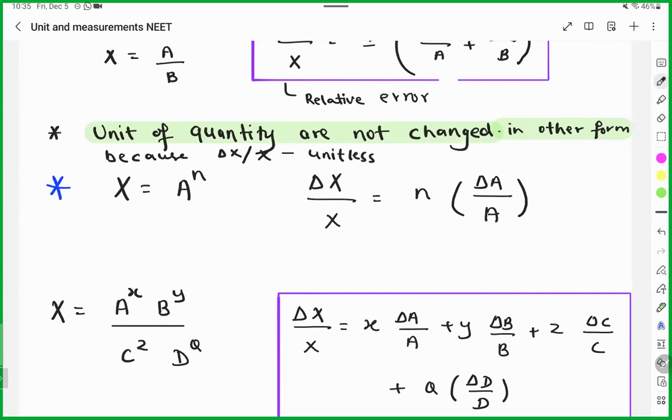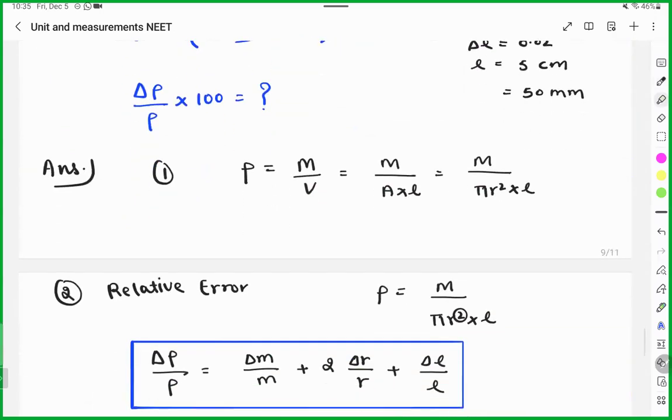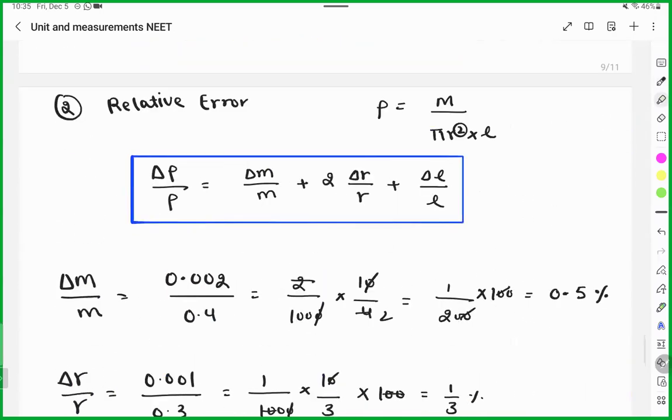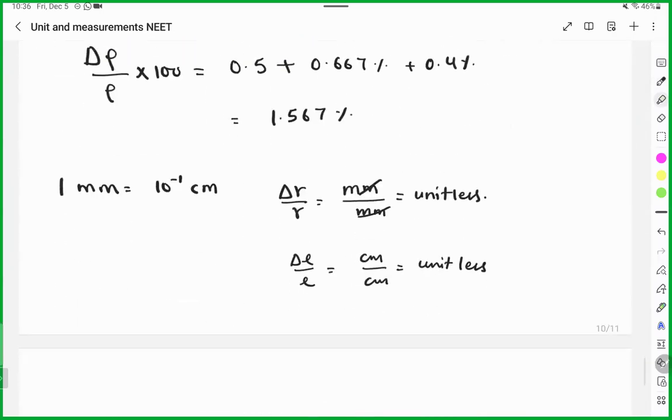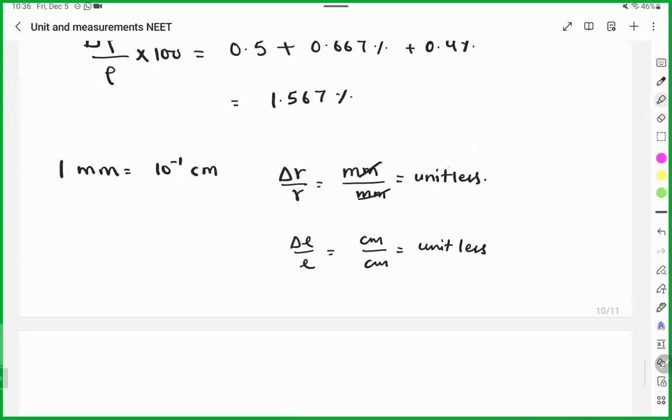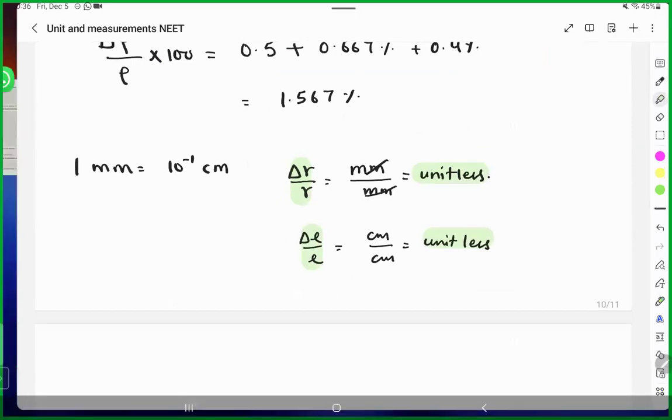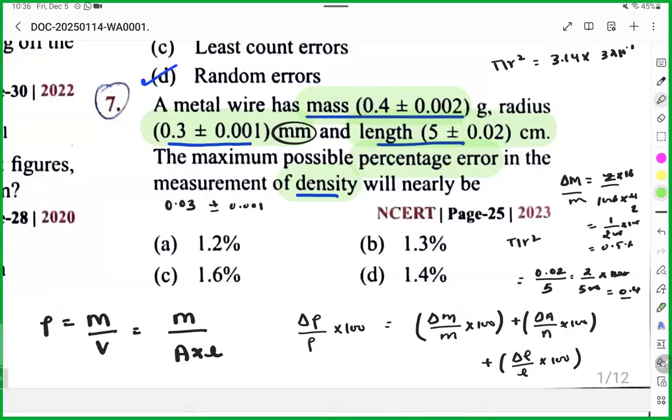Yes or no, guys? Yes, sir. Understood? This is a good question we solved here, and we also mentioned the same thing here. Ratio is unitless. That's why, because of this question, we will solve more questions.